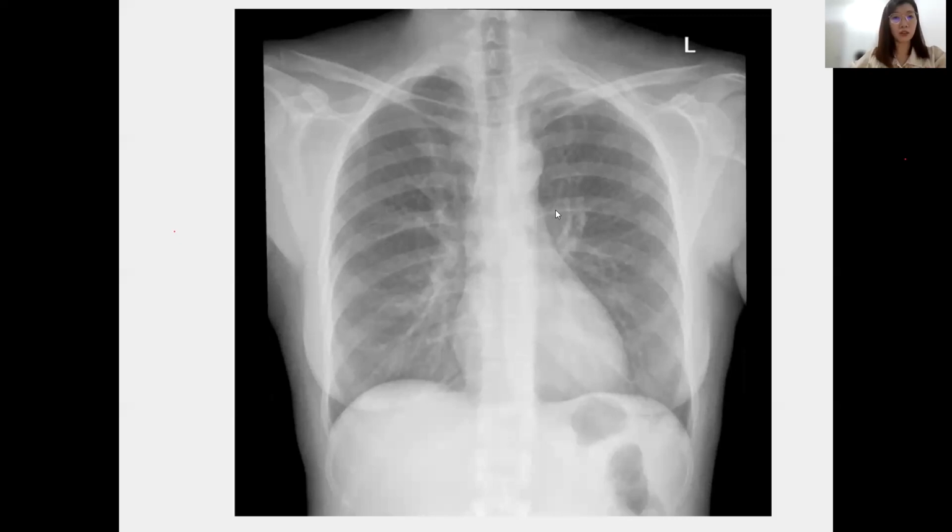Somebody said normal, underexposed. There's no collapse, definitely no collapse. Interstitial lung disease? No. It looks like it, but it's not. Some of our X-rays also look like this, interstitial, but actually normal because of the penetration of the machine. Good try, good try.